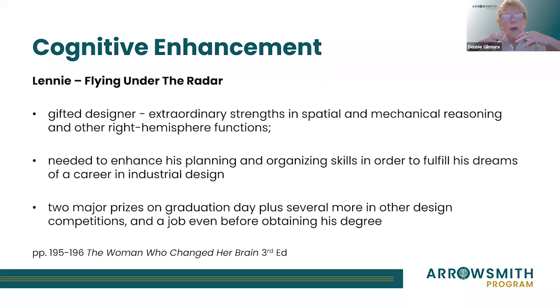But to get to his goal of having a career in industrial design, he knew he needed to tweak or enhance some other functioning. So he knew he needed to enhance his ability to plan and organize. And so that's what he did.